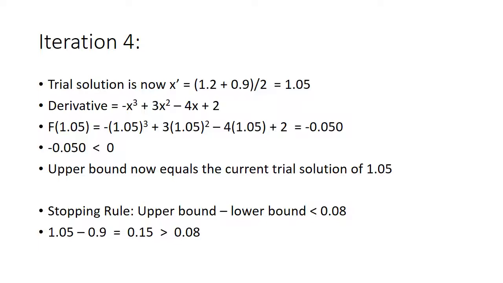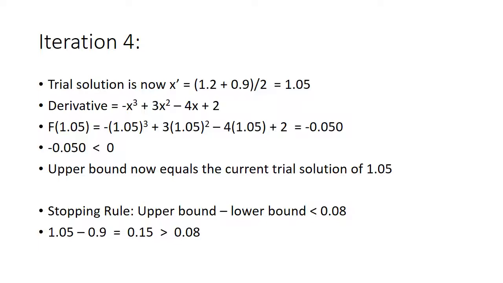This is similar to our very first iteration. We had a solution that was less than 0, so we changed the upper bound. So similar to that, we're going to change the upper bound here, and the upper bound is now going to equal the current trial solution of 1.05. And since we're getting kind of close, our error is getting close, I'm going to actually show you the stopping rule instead of just saying it verbally.